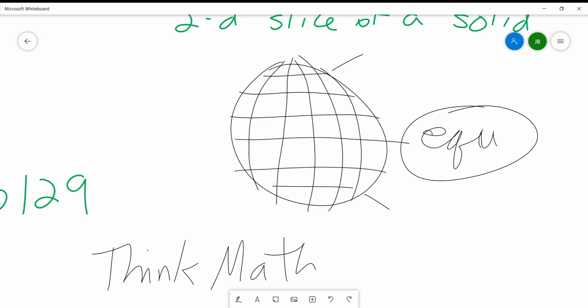Are they all going to be congruent? No. You're going to get smaller circles. The Arctic Circle is smaller than the equator, as I've already demonstrated, but they're always going to form a circle. I can't think of any way that you're not going to get a circle. If you disagree with me, I defy you to show me a cross section that cuts through a sphere that does not form a circle.